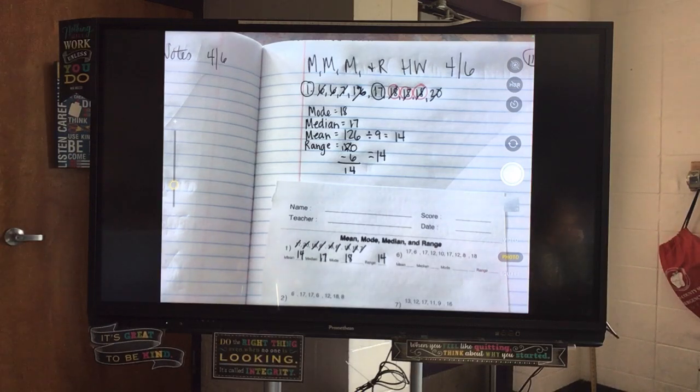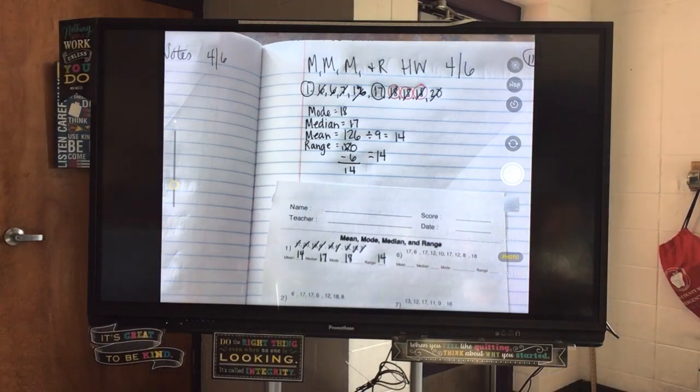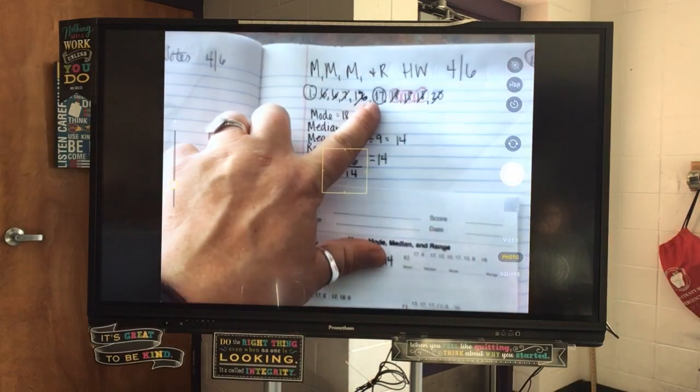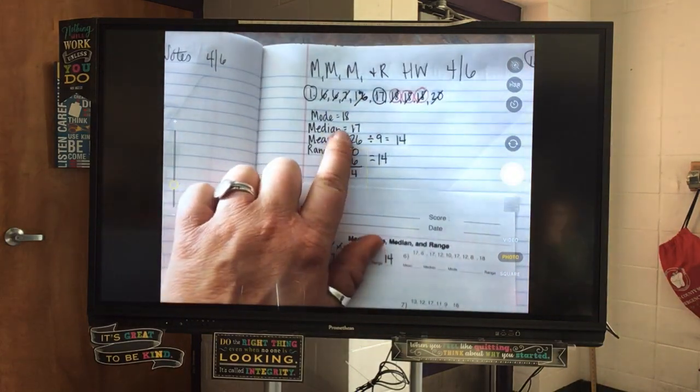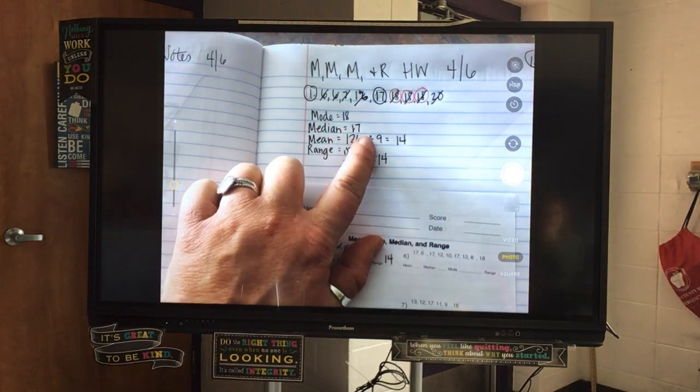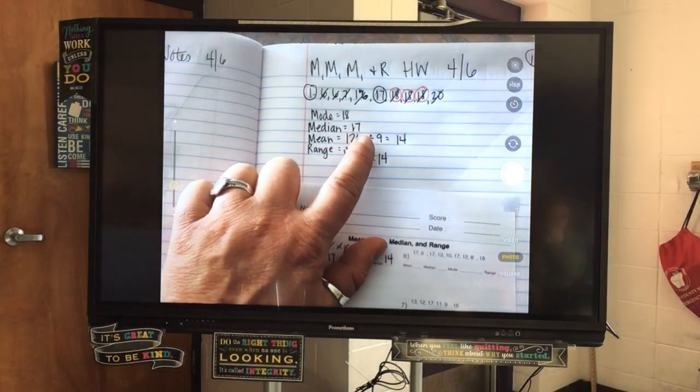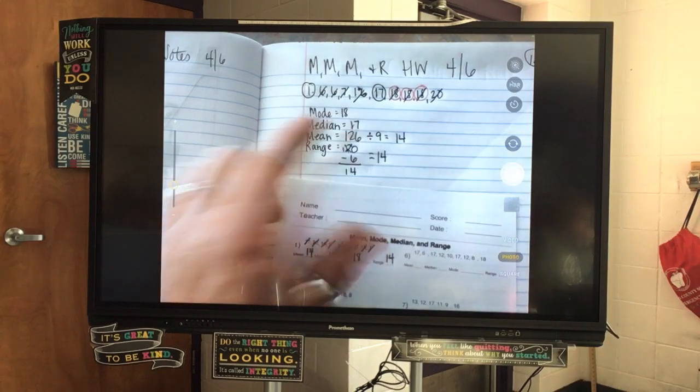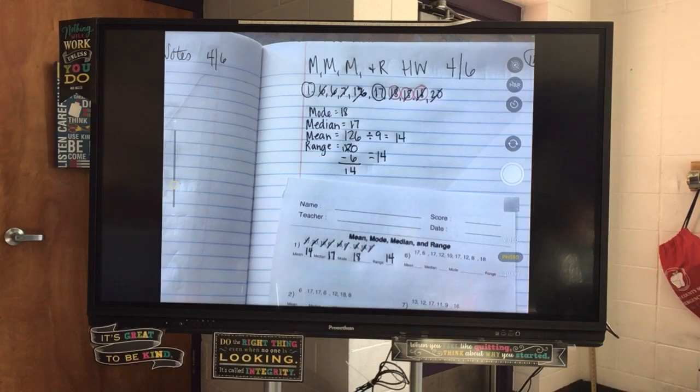Oh, and if you have a data set that has 2 18s and 2 16s, you have 2 modes, which would be 18 and 16. Does that make sense? So if there were 2 more 17s, our mode would not just be 18, it would be 18 and 17, because they appear the most, the same number of times. Andrew, put your pencil down so I know you're listening. All right, any other questions? Go ahead and get started.